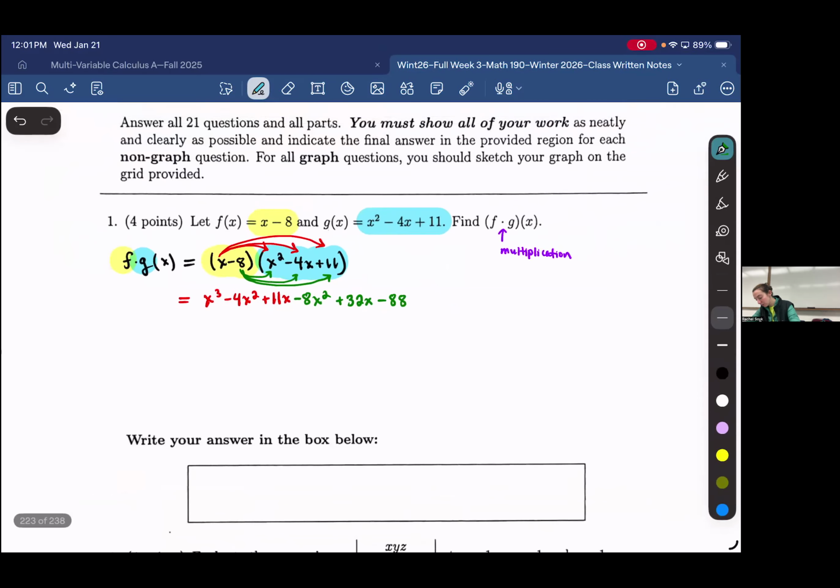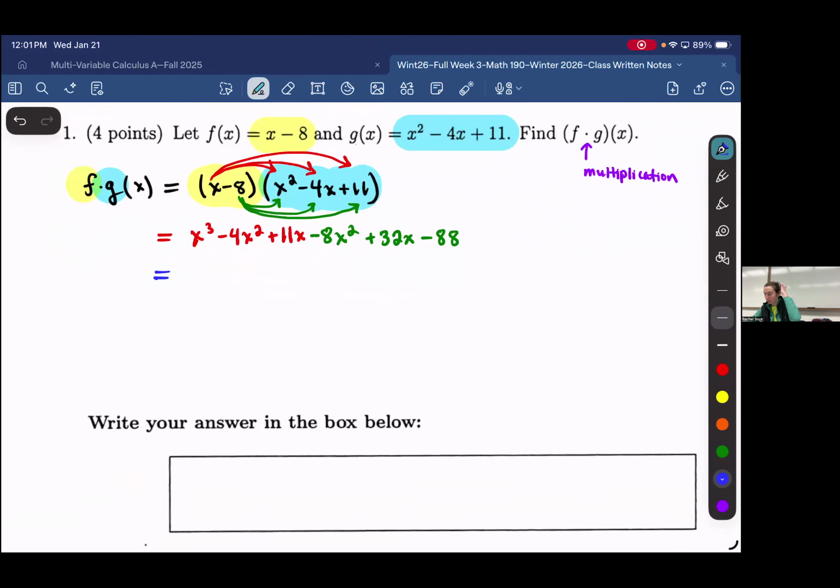We're not done because we can combine some like terms. So the x to the third just stays down, but we have negative 4x squared and negative 8x squared, which gives us what? And then we have a positive 11x and a positive 32x gives us, right?